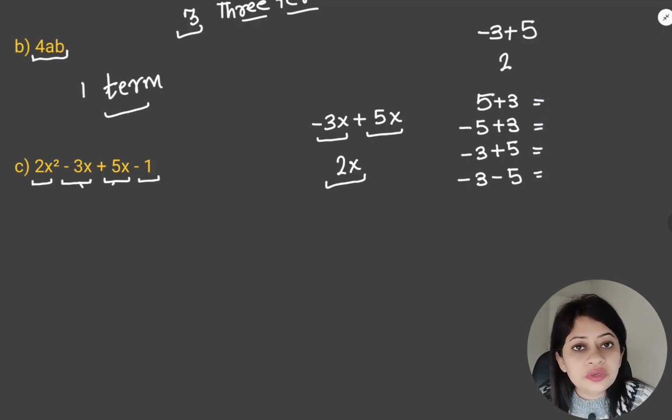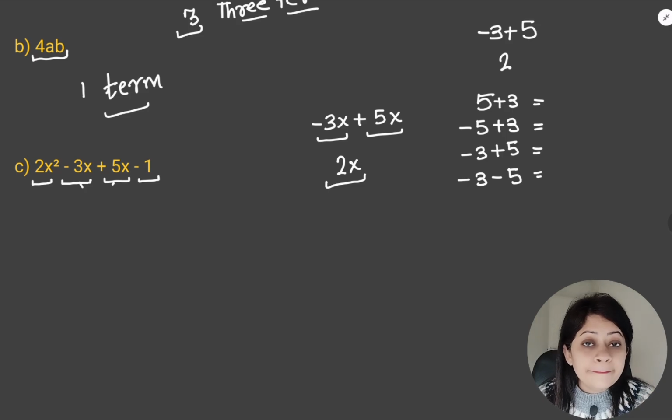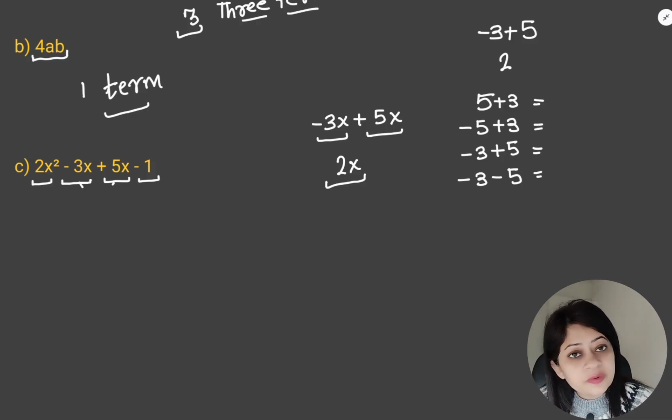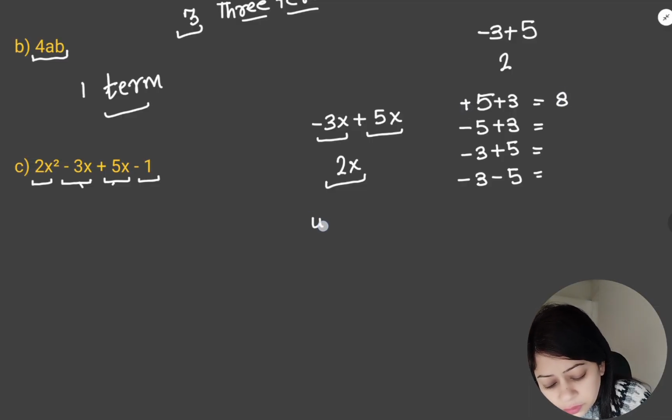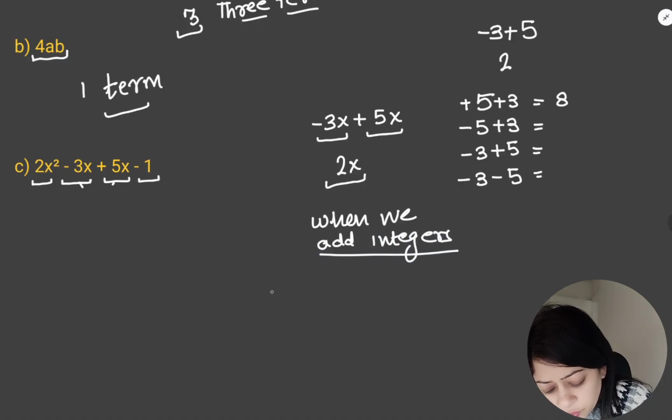I will tell you the two methods to add integers because it is important to know addition of integers while solving algebraic expressions, okay? Here, what is 5 plus 3? Both are positive signs, so you will add them. And now, when we add or subtract integers, then what do we do? I will write two rules here.